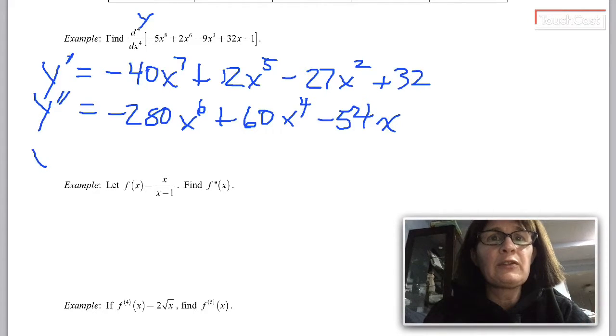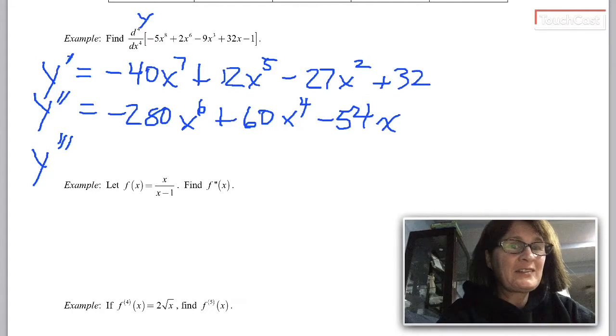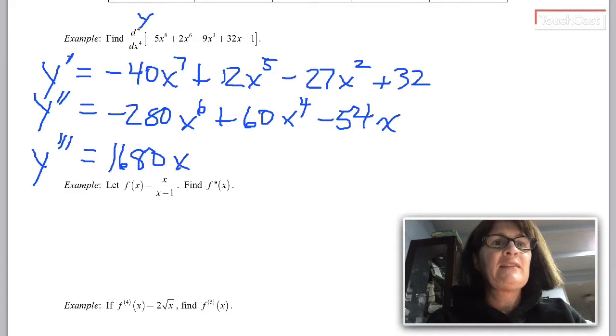If I want to take the third derivative, I would have to stop and figure out what 280 times 6 is. All right, so y triple prime is negative 1680 x to the 5th plus 4 times 60 is 240 x cubed minus 54.